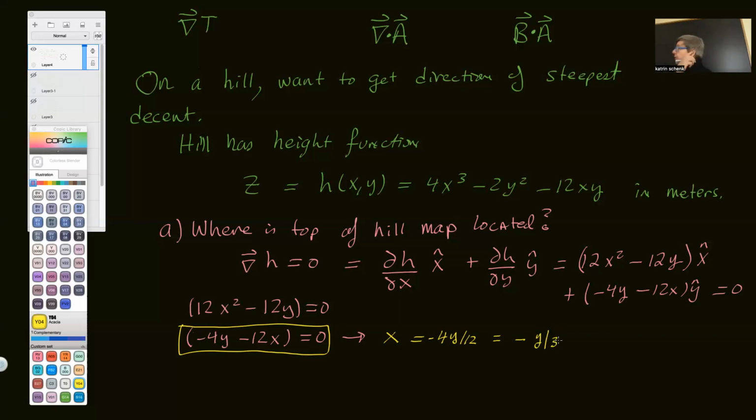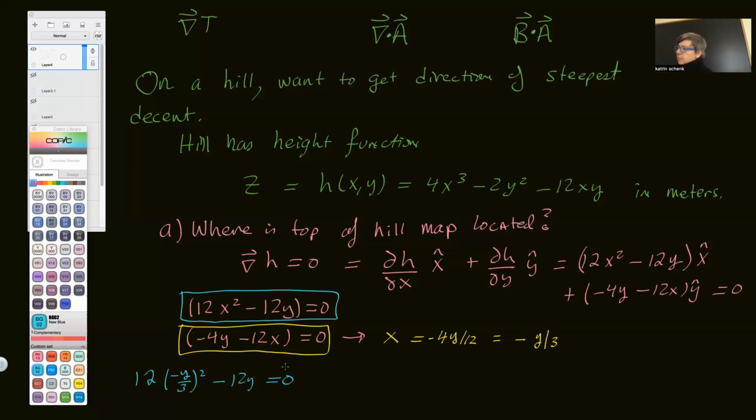Okay, cool. So we can now plug that into the top equation. So we have 12 times negative y over 3 squared minus 12y equals 0.